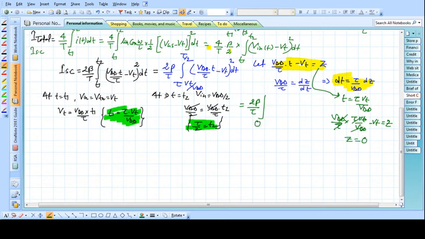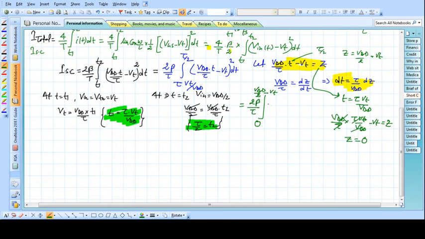So the new lower limit is 0. Now when t equals tau by 2, it should be VDD by 2, so the z value will be VDD by 2 minus vt. So the integration limit will change from 0 to VDD by 2 minus vt.